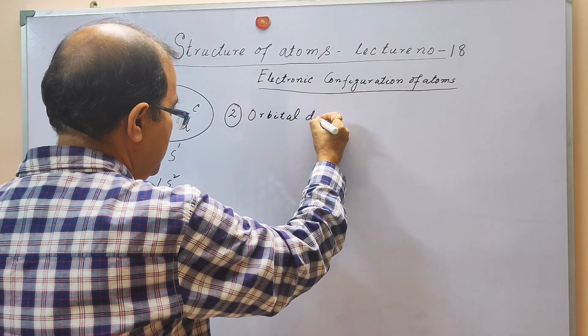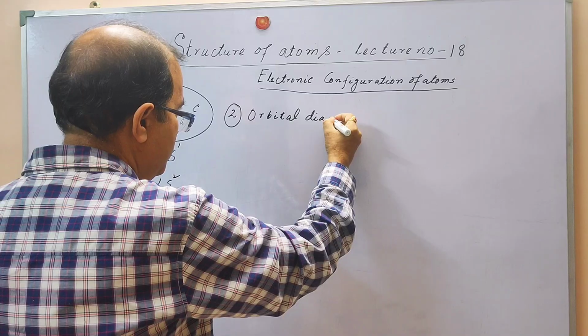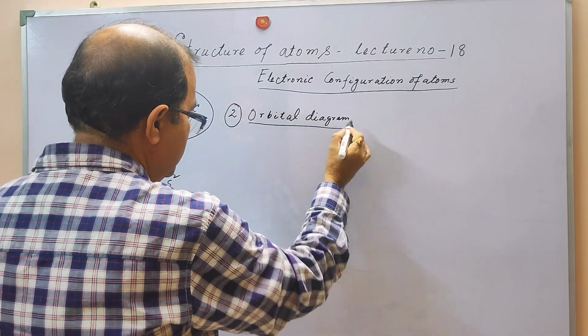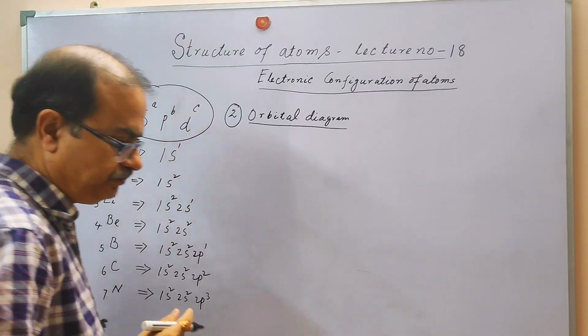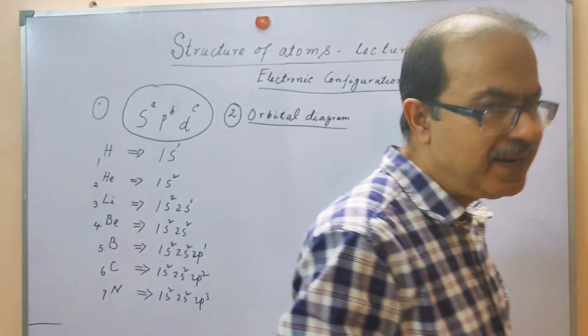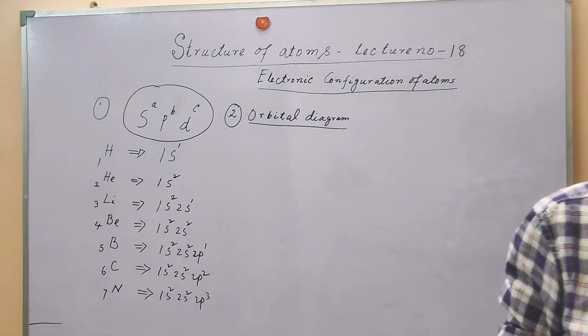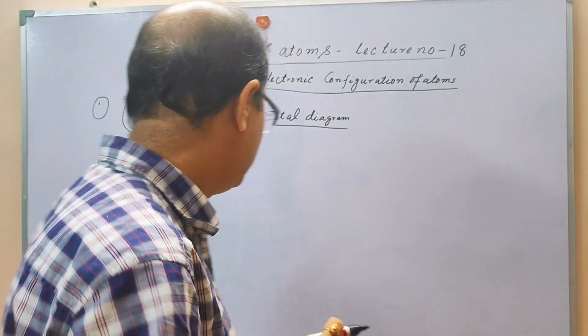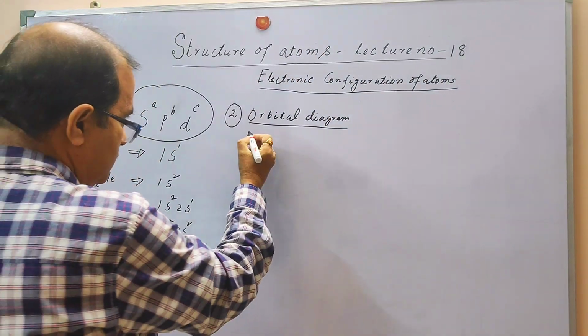Orbital diagram. In this orbital diagram, you can observe that the orbitals in the subshells are represented by squares.